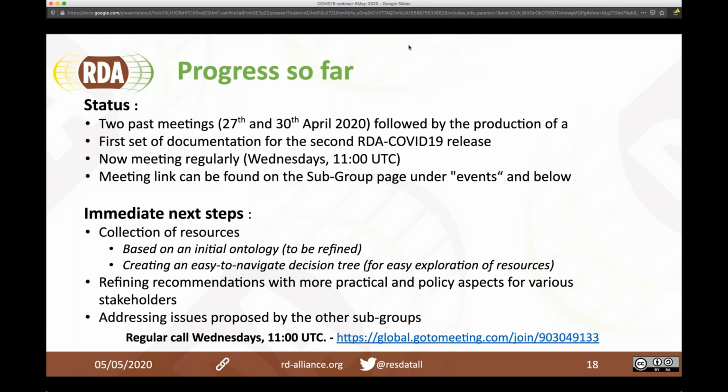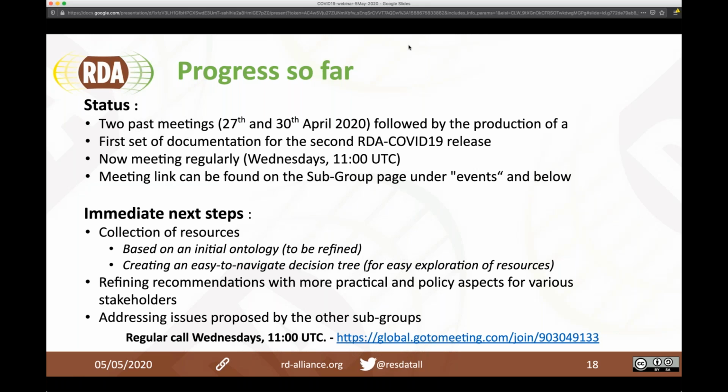At the moment, we are pulling together all the resources based on an initial straw man ontology, and are looking to create these decision trees with the idea being that we want to take the stakeholders through an area which they need not necessarily understand, and then refine the recommendations or practical guidance.